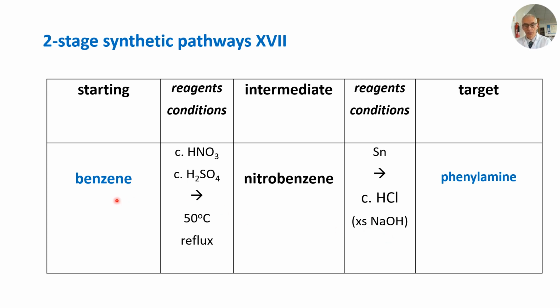To form nitrobenzene from benzene, it's the nitrating mixture, concentrated nitric acid, concentrated sulfuric acid, 50 degrees Celsius and reflux. Okay, let's go on to number 18.